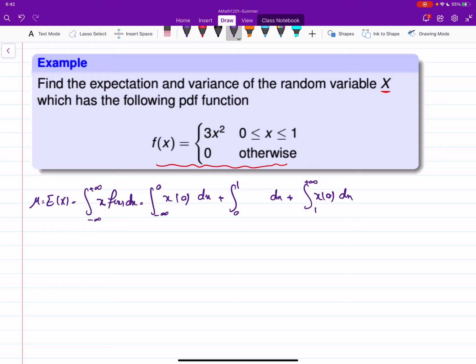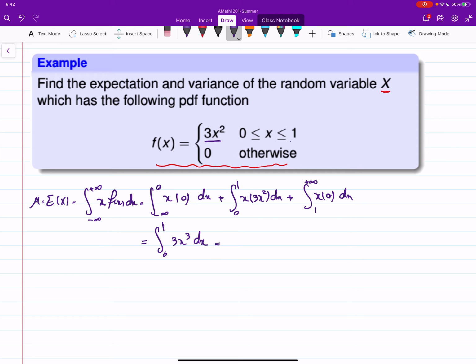The only remaining part is the integral over 0, 1, on which the function is defined as 3x squared. So that integral is the integral of 3x cubed from 0 to 1.